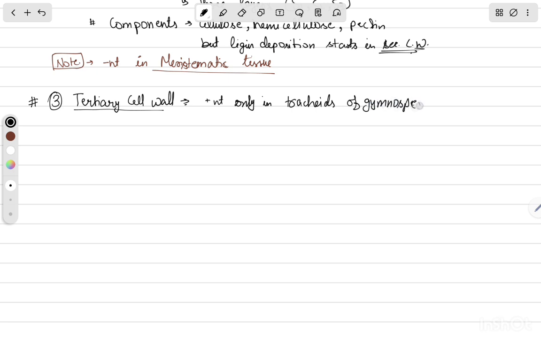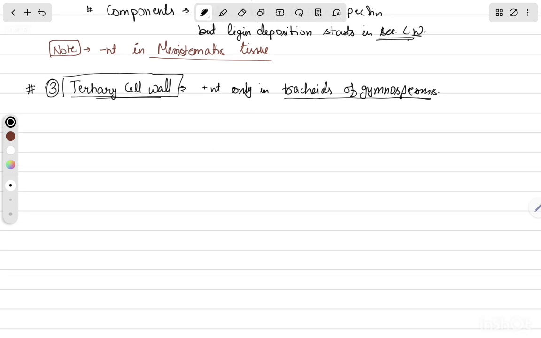It is just an exception that in tracheids of gymnosperm, an additional tertiary cell wall is also present, and the component is hemicellulose, and one important component is xylem. Right?